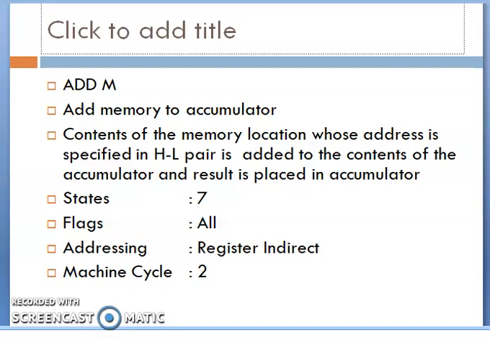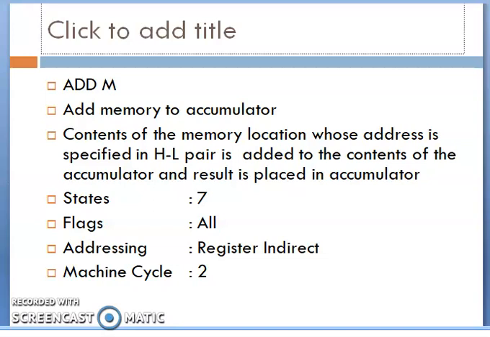And since the address of the memory location is specified indirectly in the register pair, it is coming under the category of register indirect addressing, and all the flags are affected by this instruction, ADD M instruction, and it is having two machine cycles, opcode fetch and memory read.